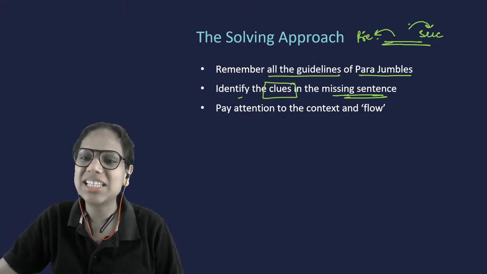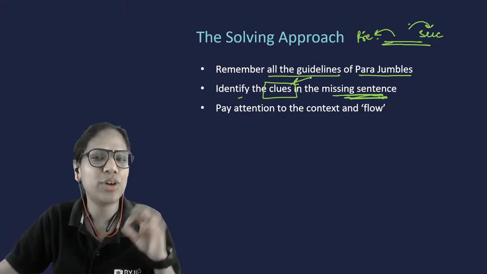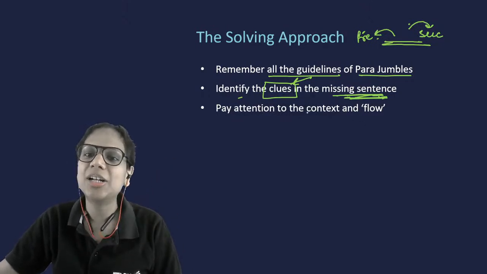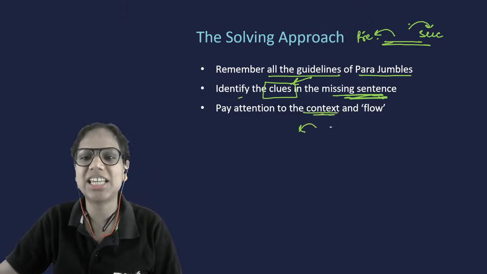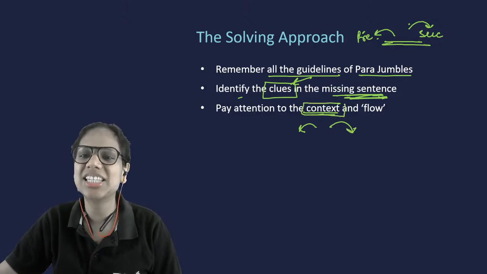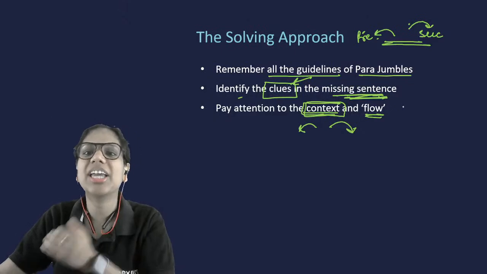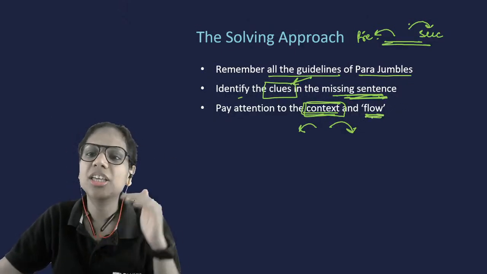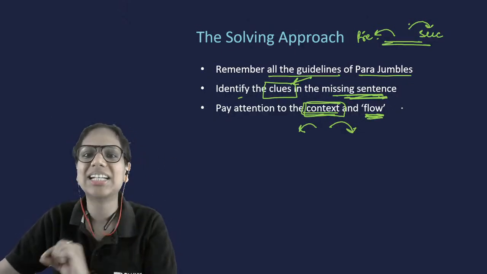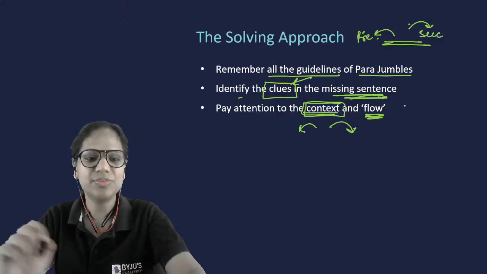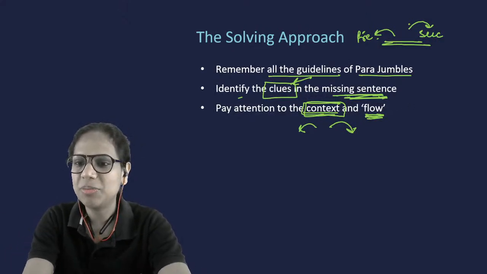Then read the missing sentence very carefully so that you're able to find some clue there. And pay attention to the immediately preceding sentence, immediately succeeding sentence. That is the context and how the paragraph is flowing. Again, what is the structure of the paragraph? That also helps you in plugging that specific sentence. Hope it makes sense.